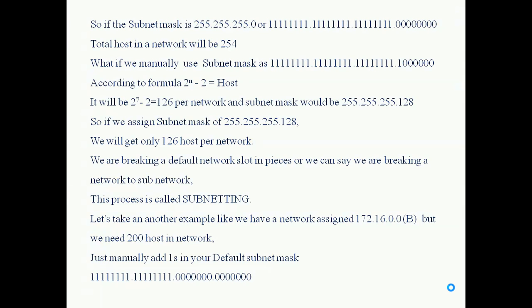It means the first 16 bits are on and the remaining 16 bits are 0. Like you can see here, all the 1s in red are manually added 1s to minimize the host number in class B.